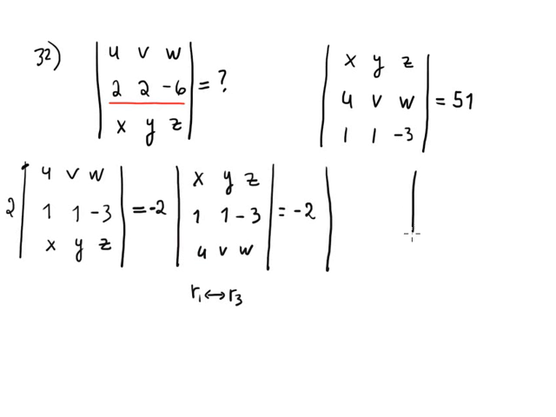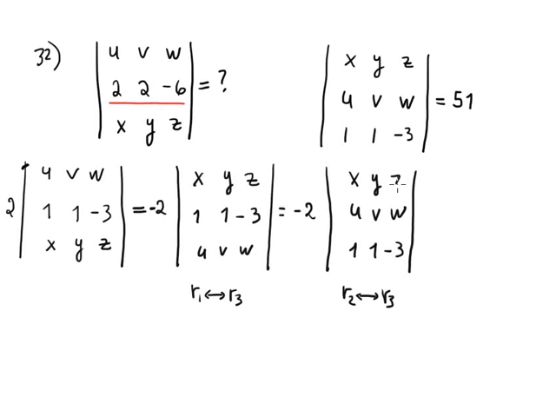Now, in order to write it perfectly, we need, let me see, x, y, z is exactly the same. So if you interchange row 2 and row 3, like that, for example, 1, negative 3, u, v, w here, and x, y, z.